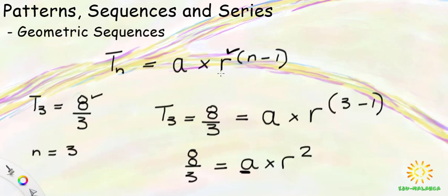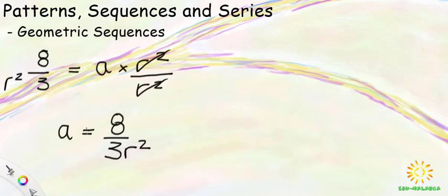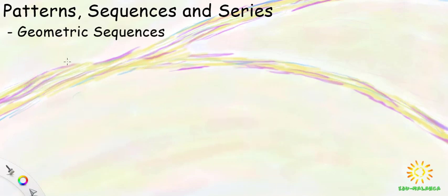We still don't know what a is, but we do have an equation that actually helps us solve for a over here. A is equal to 8 over 3r squared. We can substitute in r and we can then solve for a. So let's go. A is equal to 8 over 3r squared.